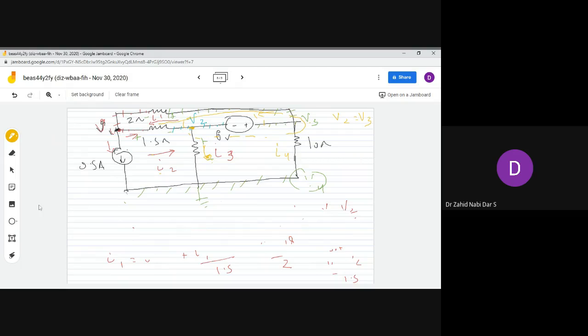If I have to write the equation for the supernode, applying KCL at supernode yields I2 is equal to I3 plus I4 plus I1. Whatever leaves V2 or V3 will be supernode.